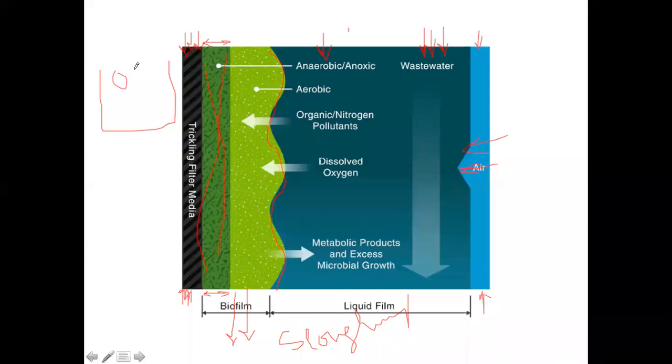A large number of rocks or gravel packing or blast furnace slag will be there, and wastewater is coming like this, touching the surface of this rock or gravel.